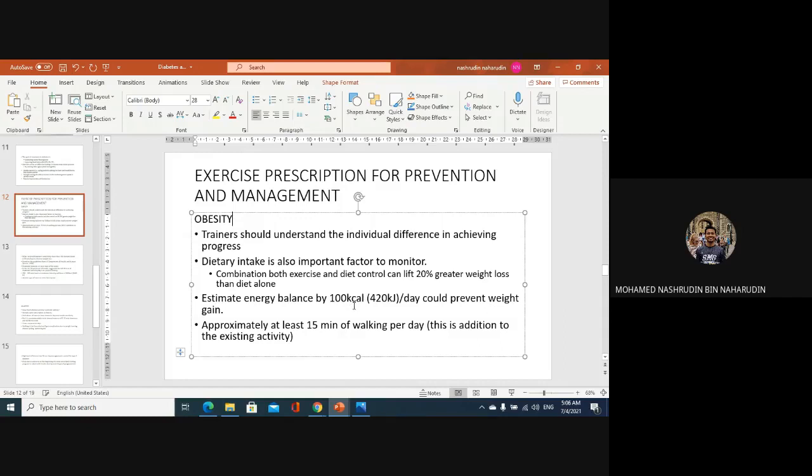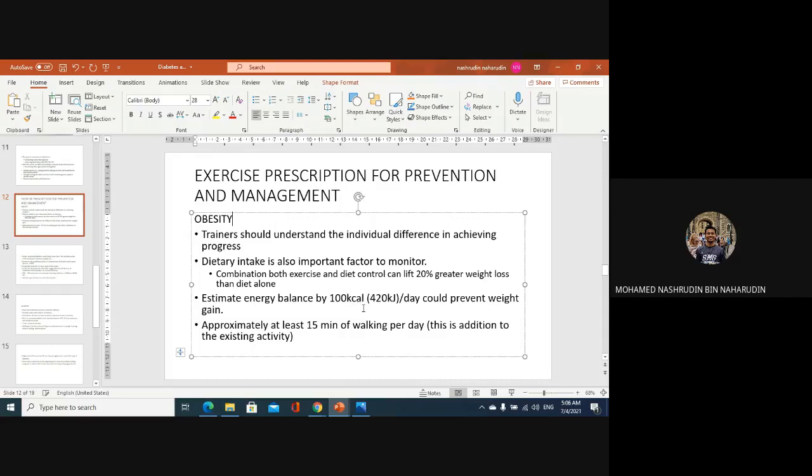For example, if you monitor your calorie count and usually eat around 2,500 kilocalories, make sure on the following day you do not increase your calorie intake by 100.